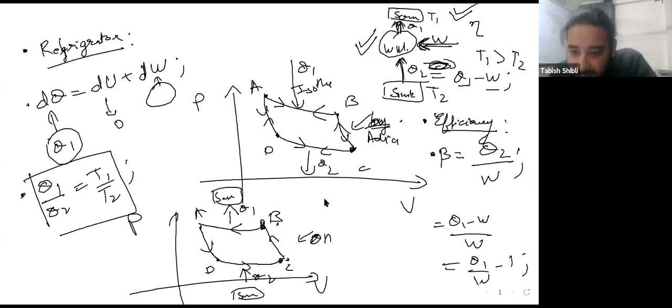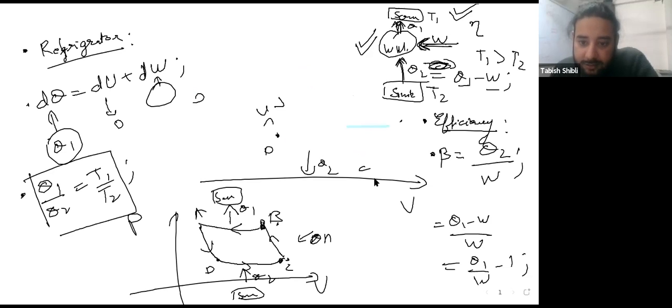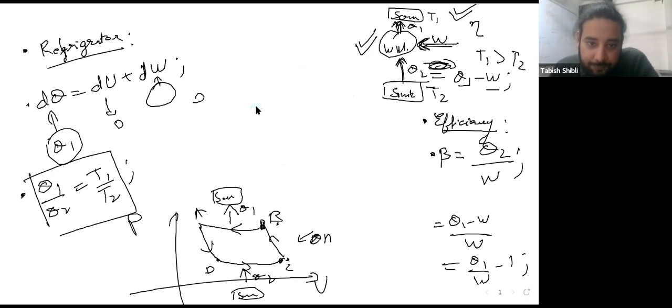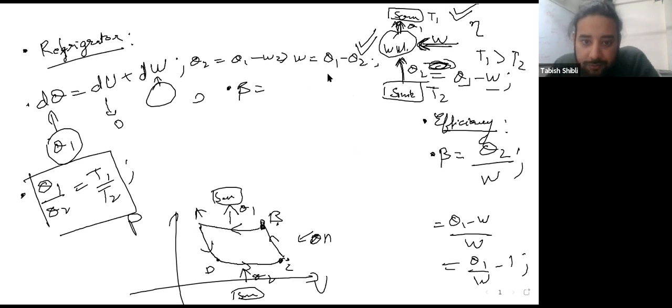And so essentially what does your work done stay as? Okay, so your beta is essentially Q2 divided by W. Q2 is Q1 minus W, so W is just Q1 minus Q2.